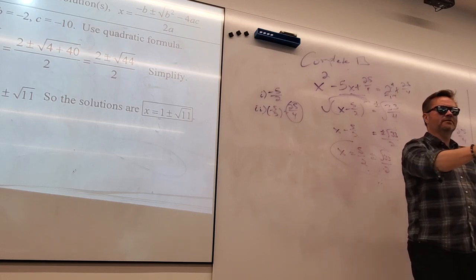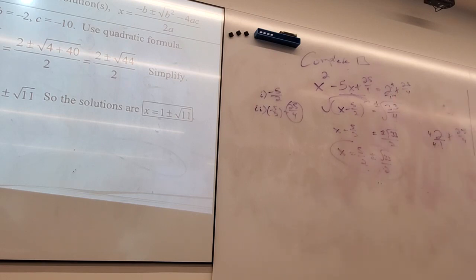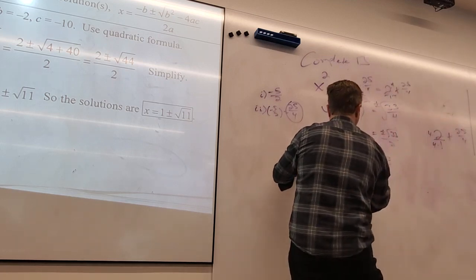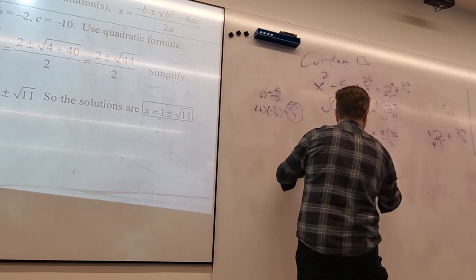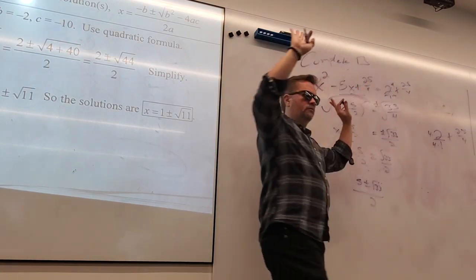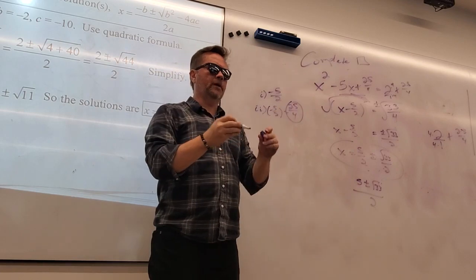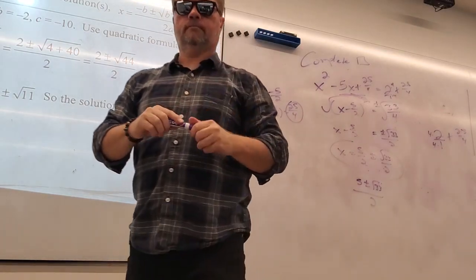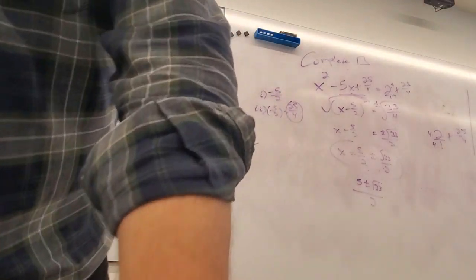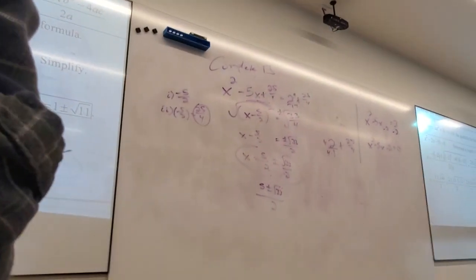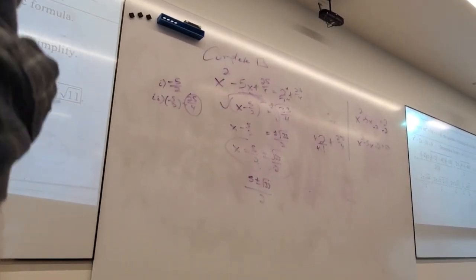But you gotta know it. Since they're both over the common denominator 2, if you wanted to, you could put 5 plus or minus rad 33 over 2. Totally, but I would take either way.